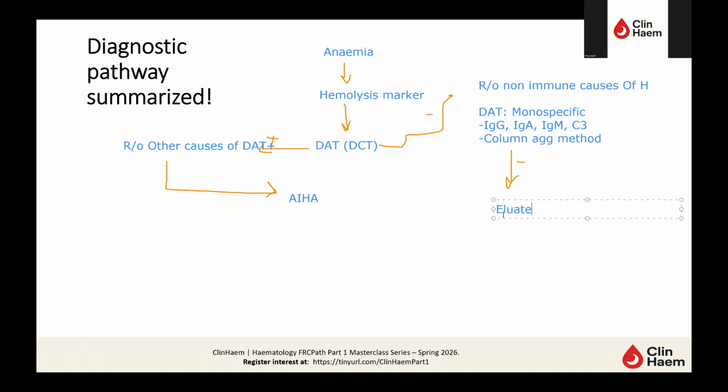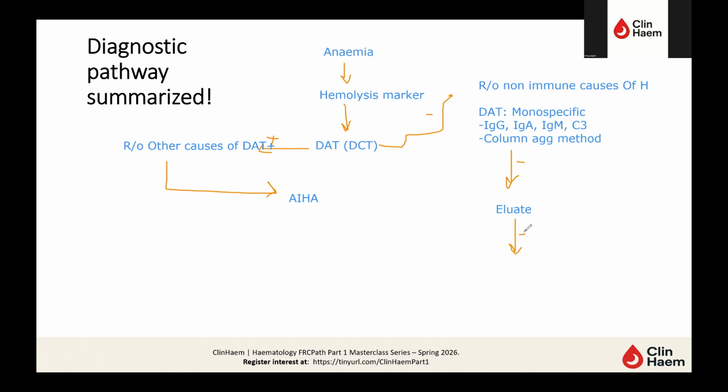What an eluate means is that you take the patient's red cells and try to remove any antibodies that might be bound to them, but were present in such a small amount, for example, that the DAT was not picking it up. You try to remove the antibodies present on the patient's cells, and then check that antibody, if it is present, to see if it is an autoimmune type antibody or not.